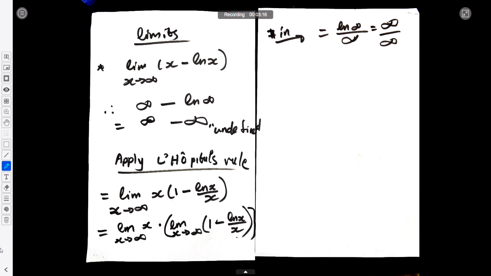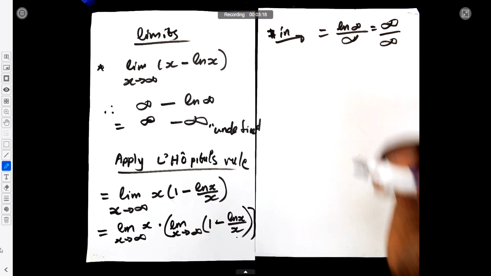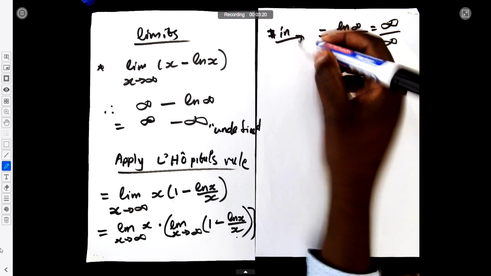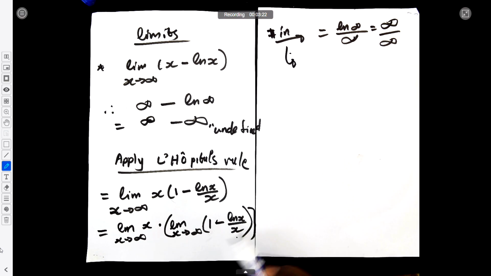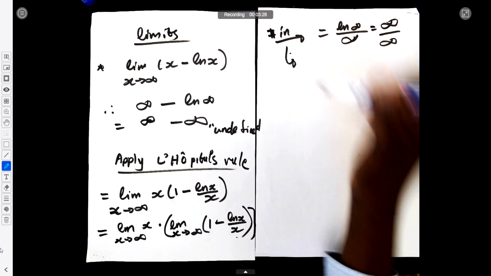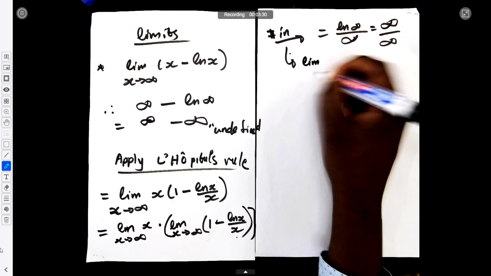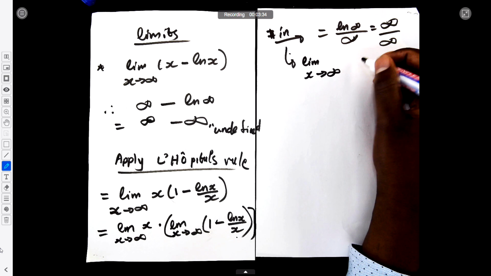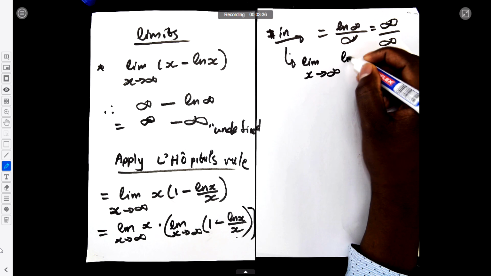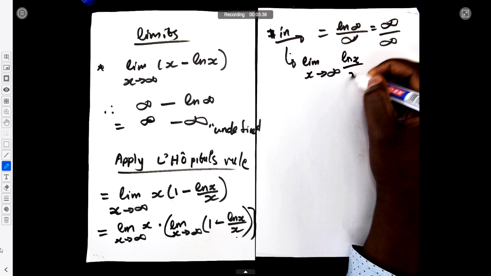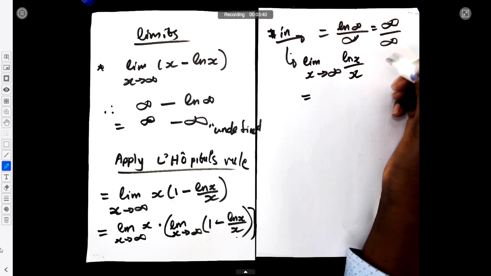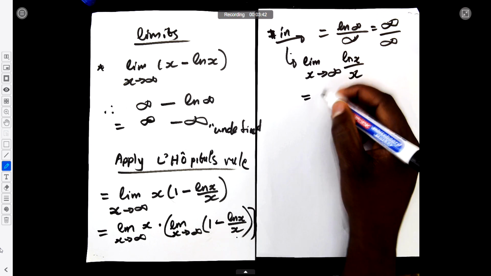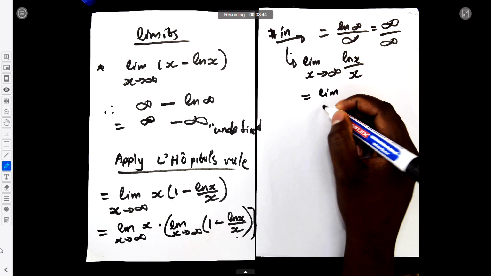So inside there we need to use L'Hopital's rule. In the inner part we need to use L'Hopital's rule because for this one at least we know it's 1, but for this one, it's an indeterminate form. So for the inner part, the limit as x approaches infinity of ln x over x, what do you get when you differentiate numerator and denominator?